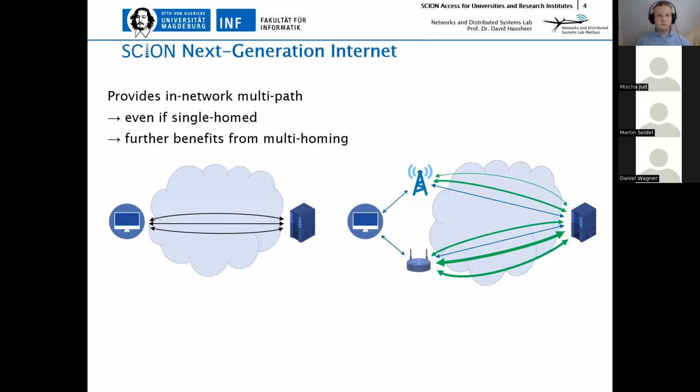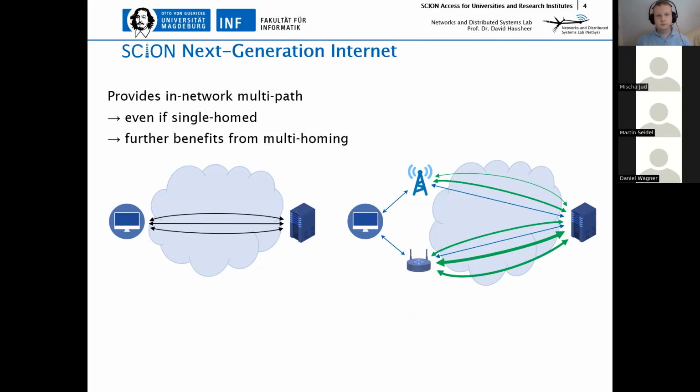Now, you certainly know about the concept of multi-homing. So already today, many devices are able to do multi-homing, for example, by having both Wi-Fi or LTE connections in place, or a fixed connection, a wired connection, together with a wireless connection.